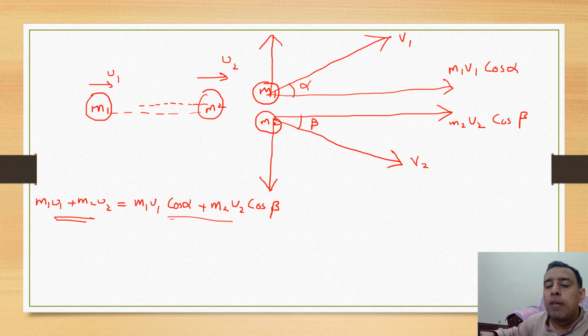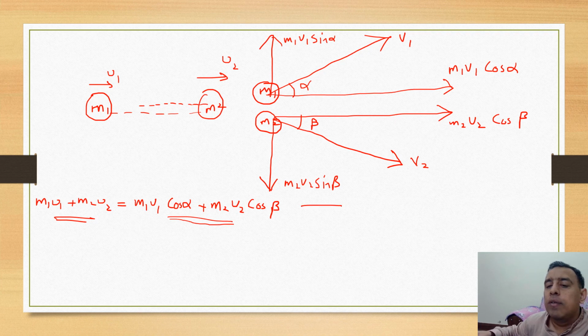It means the sum of momentum before collision is equal to the sum of momentum after collision, but after collision we just take the components which are in the direction of the momentums of m1 and m2 before collision, and the vertical components are also equal and opposite. So this is m1 v1 sine alpha and m2 v2 sine beta.